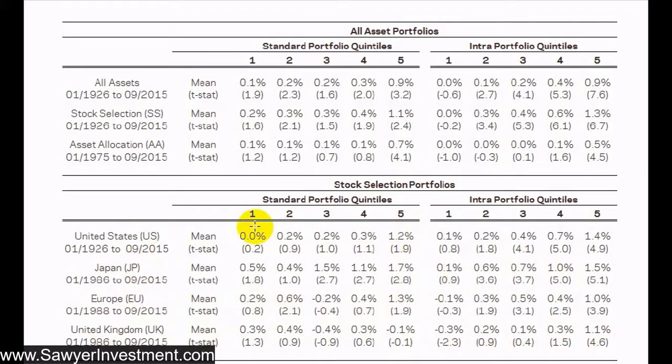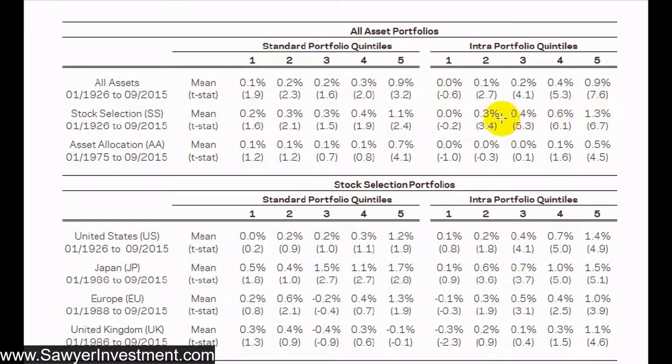So it seems like we do have a positive relationship between value spreads and returns, but that's not necessarily in every region. And so if we go up here to this section of the table, the stock selection here combines all of the US, Japan, Europe, and United Kingdom equities and performs the same analysis. And this comes more in line with what we were expecting, with the higher quintile value spreads having higher returns than the lower quintile value spreads, and with a perfectly monotonic increase in performance with each increase in the quintile.